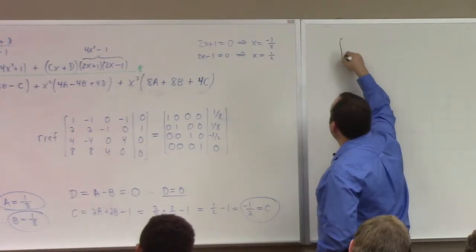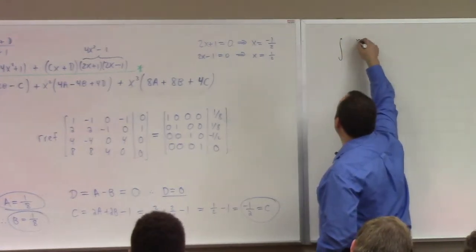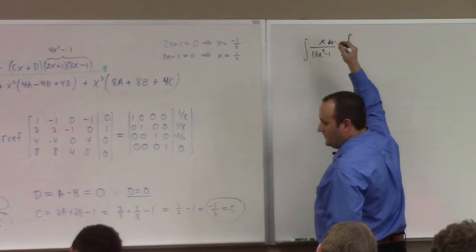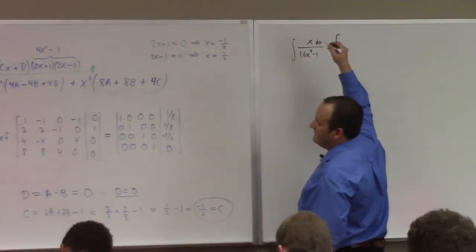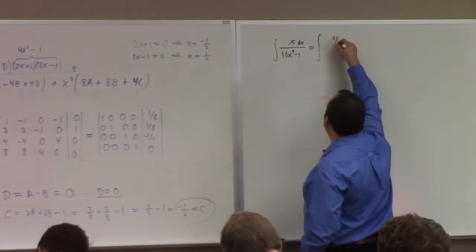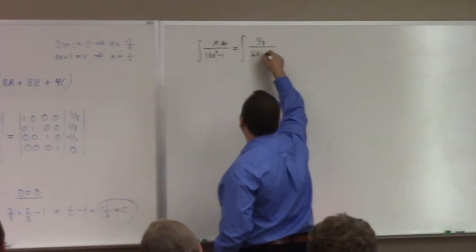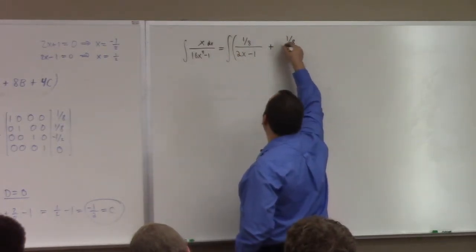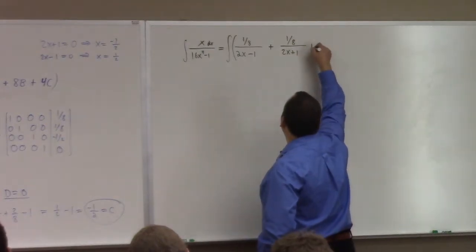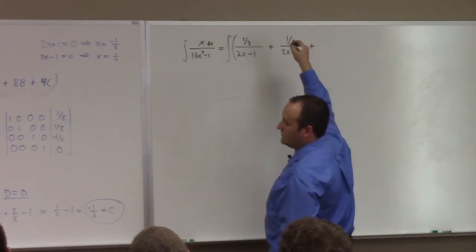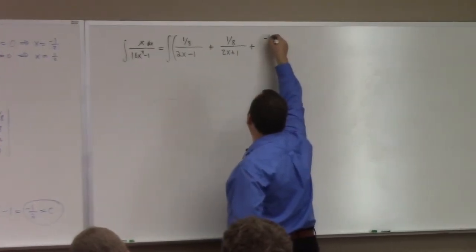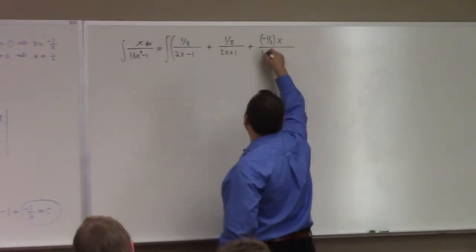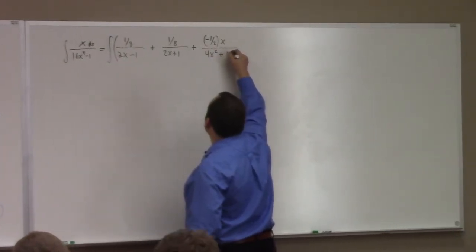So we just figured out that the integral of x over 16x to the 4th minus 1 dx can be traded for the integral of 1/8 over 2x minus 1 plus 1/8 over 2x plus 1 plus minus 1/2 x divided by 4x squared plus 1. Man, this book is too kind.